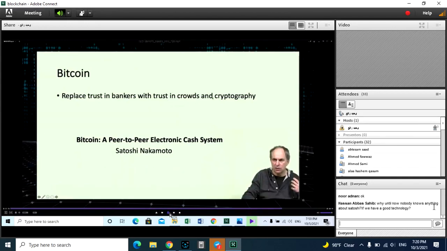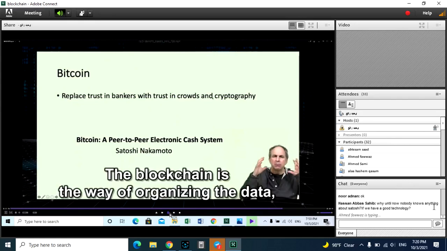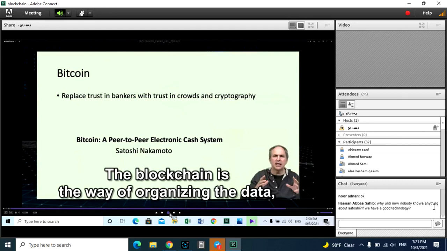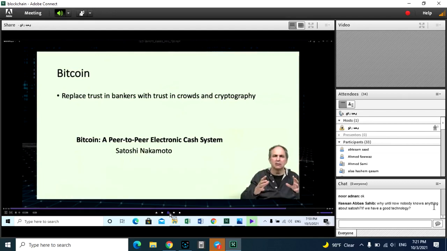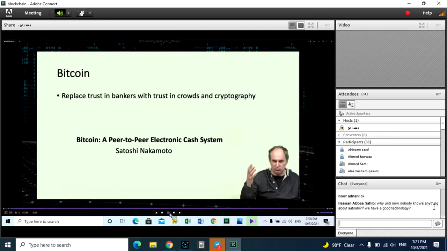The blockchain is the way of organizing the data, which is mostly transactions, but I guess it's all transaction data, in a way that is trustworthy, completely trustworthy.